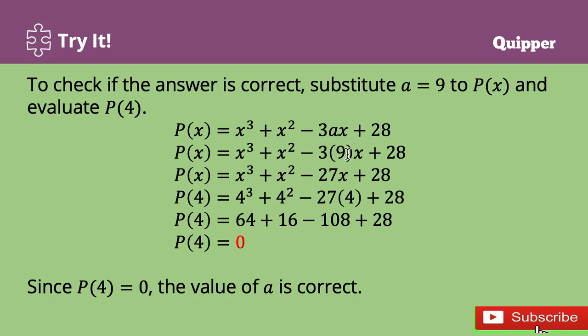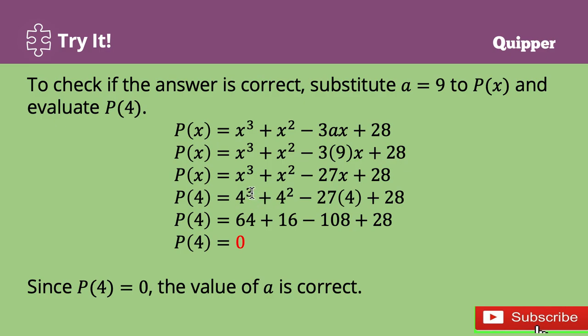Then we have 9 times negative 3 is negative 27. Then substitute the value of x, which is 4. We have p of 4 is equal to 4 cubed plus 4 squared minus 27 times 4 plus 28.